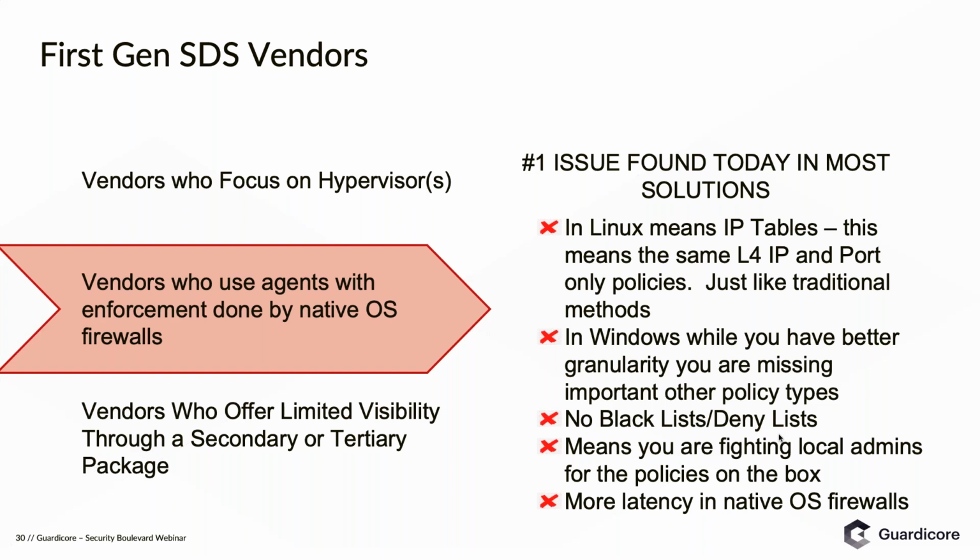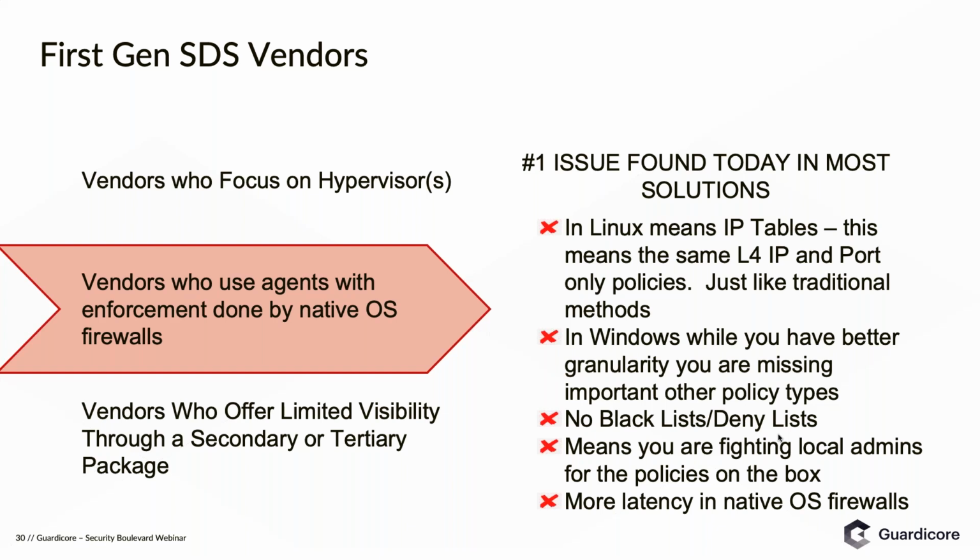Most vendors out there today, and this is the number one issue we find when we go in to do POCs with people who are looking at our competitors, is that in Linux, if they use the native firewall, it means you're stuck with iptables. This means you are only doing layer 4, so IP address and port. Again, no process, no identity, no fully qualified domain name capabilities, and so you have a lot of issues.